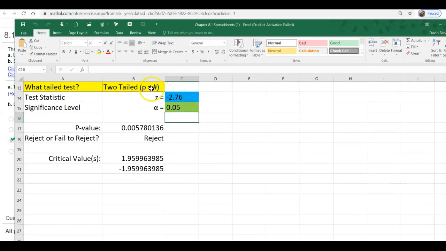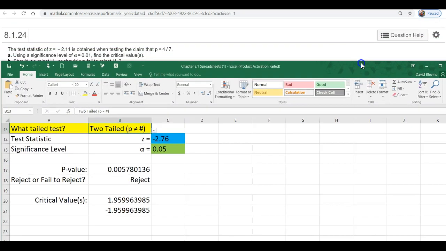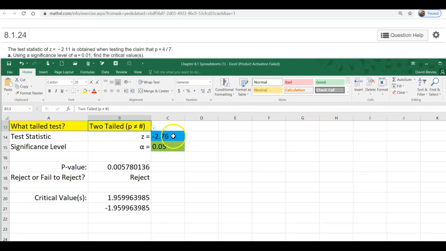So what type of test? It's a two-tailed test: left-tailed, right-tailed, two-tailed. It says z is -2.11. So I change this to -2.11, and the significance level alpha is 0.01.